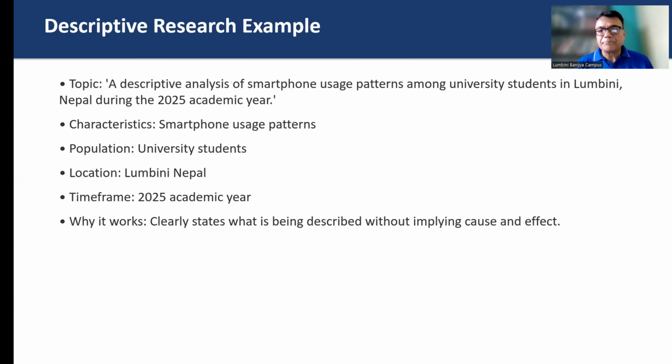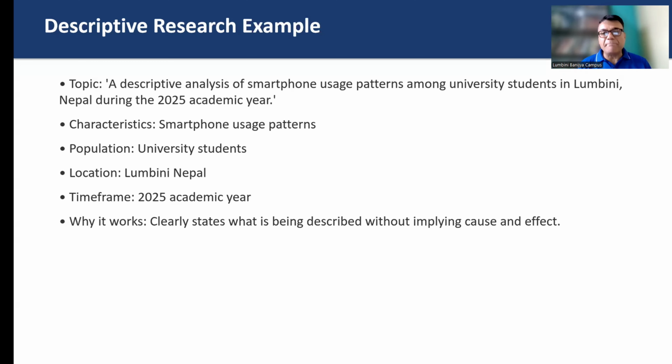Descriptive research topic: a descriptive analysis of smartphone usage patterns among university students in Lumbini, Nepal during the 2025 academic year. This is a pure descriptive research topic. Characteristics: smartphone usage patterns; population: university students; location: Lumbini, Nepal; time frame: 2025 academic year.